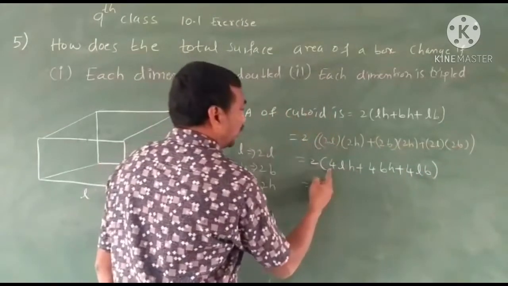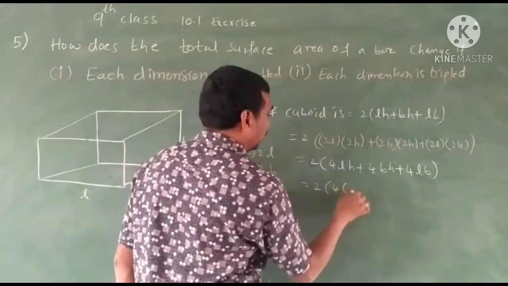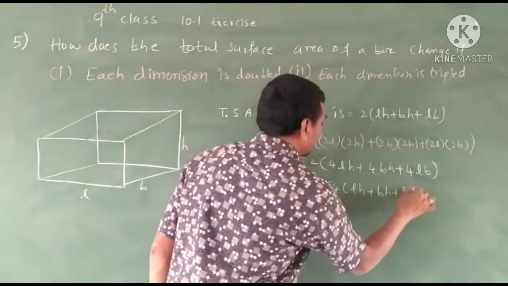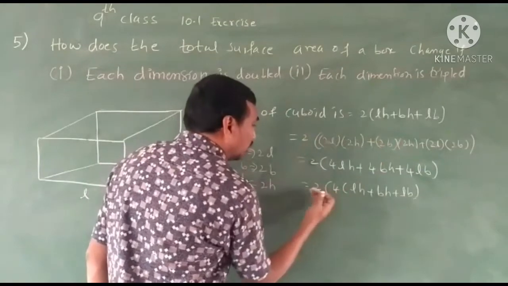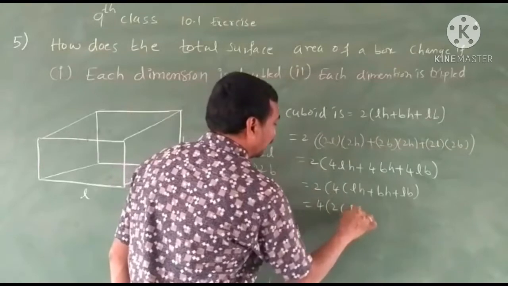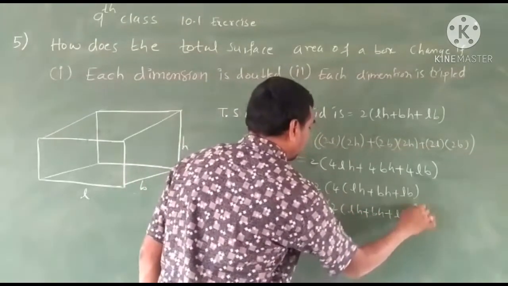Now you can take 4 common from these three terms: 2 into 4 into (LH plus BH plus LB). Now if I am writing 2 into 4 as 4 into 2 into (LH plus BH plus LB).